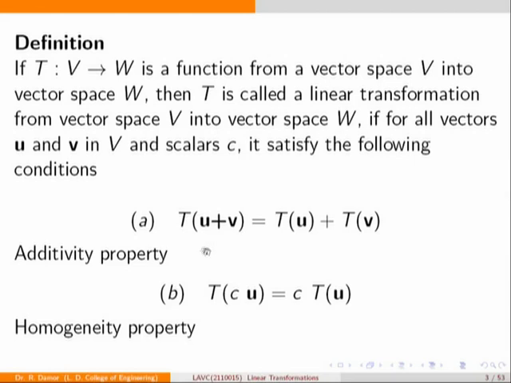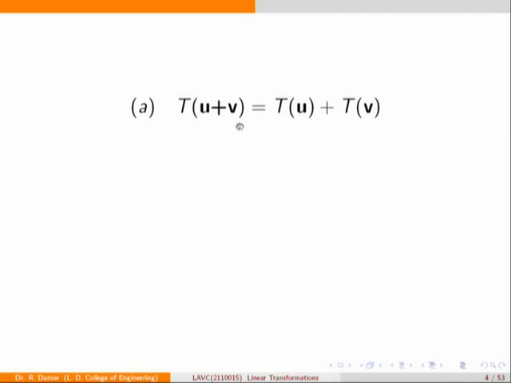Now what do we have to do? We know this property: T of U plus V equals T of U plus T of V, the additive property, and the homogeneous property, T of CU equals C T of U. But I can make these two properties a combination of only one equation. How?